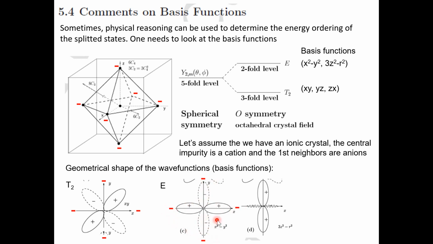So this increases the interaction energy between the electron and the crystal field, which is positive, right? Because it's a repulsion between negative charges, the negative clouds of electrons and the negative point charges of ions. So that means these E states should be higher in energy, because you have a more repulsive interaction between the electrons and the charges, they should be higher in energy than the T2 level.